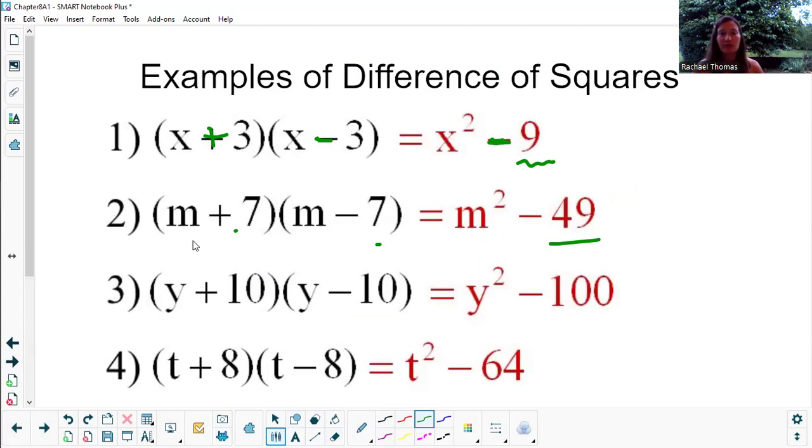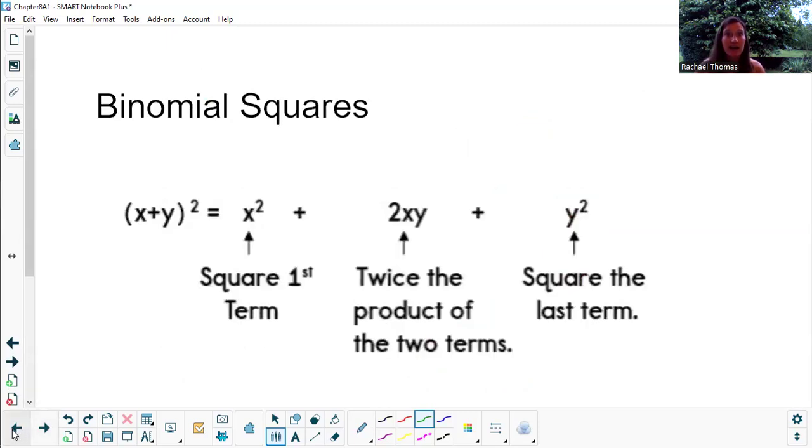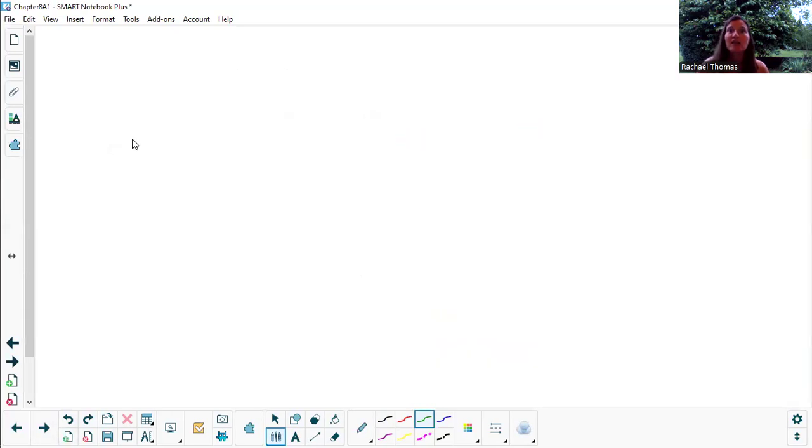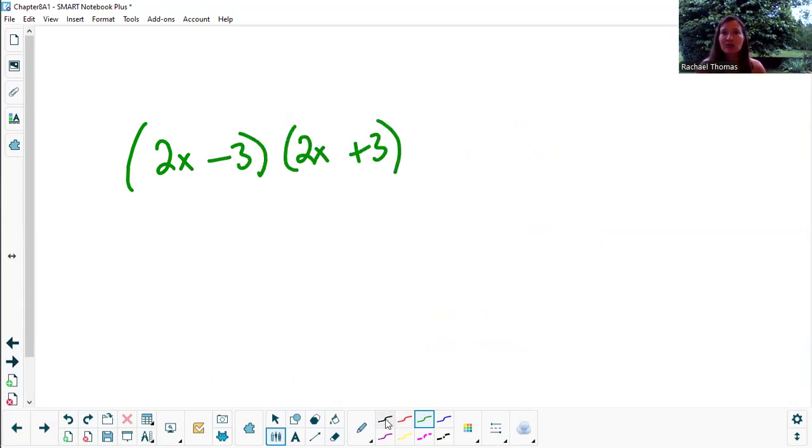And all the examples that we see here, y plus 10, y minus 10, y squared minus 100. I just had one single variable out in the front, but I want you to be aware that it can happen. Let's say I had 2x minus 3 times 2x plus 3. I can still do this process if I don't just have x, but notice that they both have to be the same.